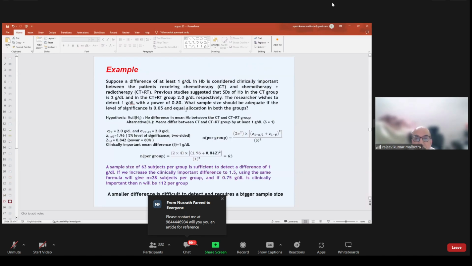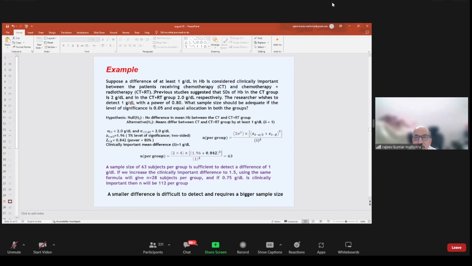This is one practical example I am taking. Suppose a difference of at least 1 gram of hemoglobin is considered clinically important between patients receiving chemotherapy and radiotherapy. We are comparing the hemoglobin level in the chemotherapy group and the radiotherapy plus chemotherapy group, whether the hemoglobin decreases by 1 unit or not.